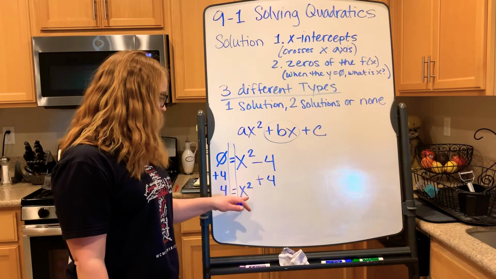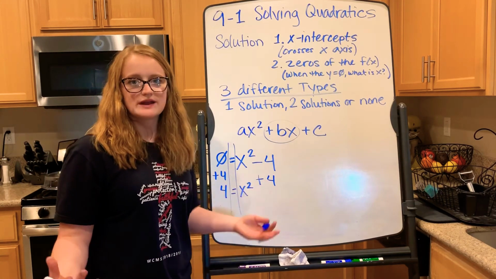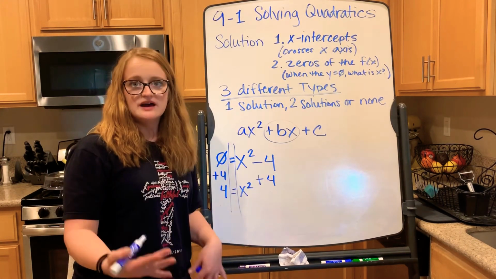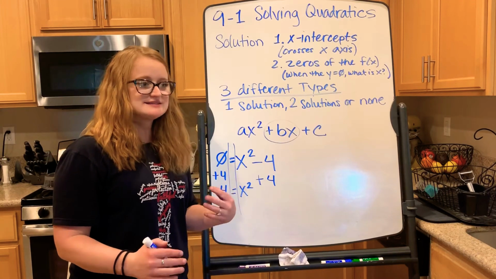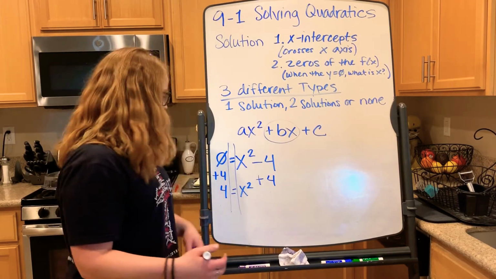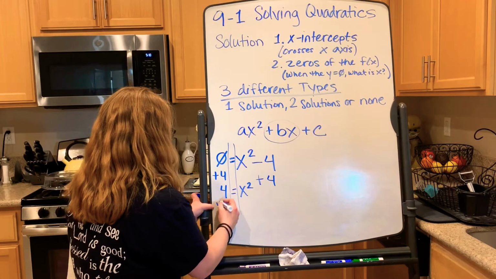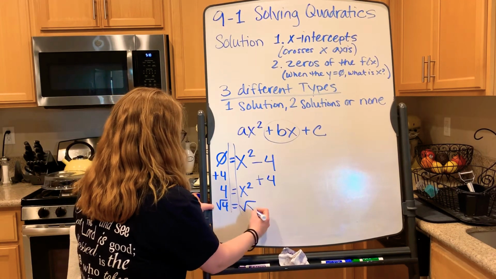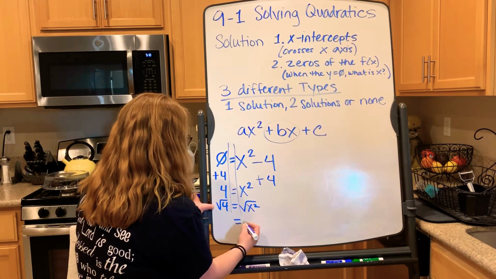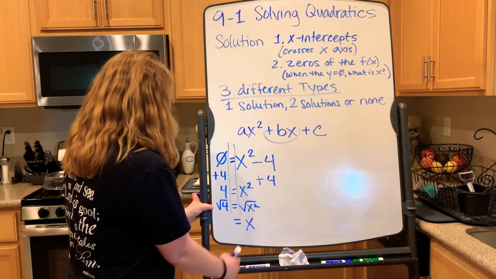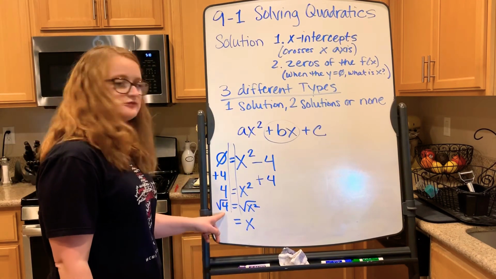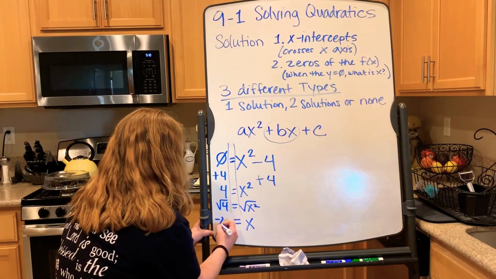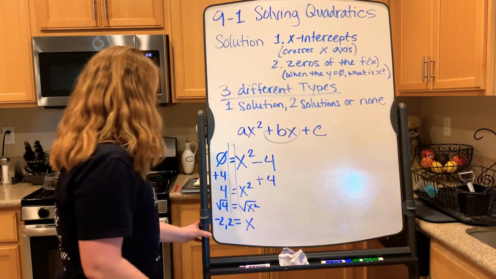Now, when we have a squared, anytime something is squared, the opposite of that, or the undoing of that, is taking the square root. Okay, so if we square root both sides of this, that's what gives us the x by itself, and the square root of 4 is -2 and +2.